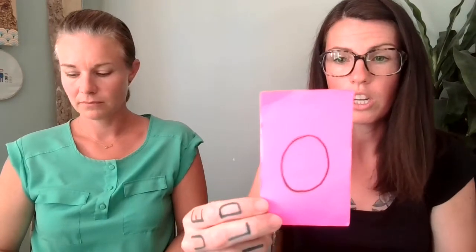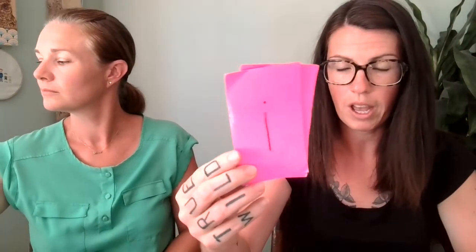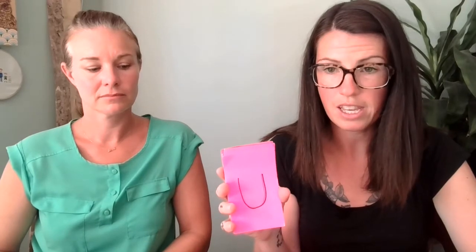So on the front, you are going to write your grapheme. You are going to do them for all the vowels. So I have O, A, E, I, U, Y. You'll have two cards for Y because Y is a consonant and a vowel. And then you will do this for all of the consonants in the alphabet. Remember, vowels are A, E, I, O, U, and Y. And then consonants are all the remainder of the letters in the alphabet.